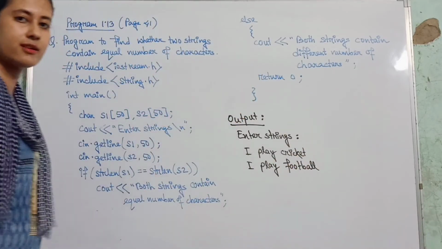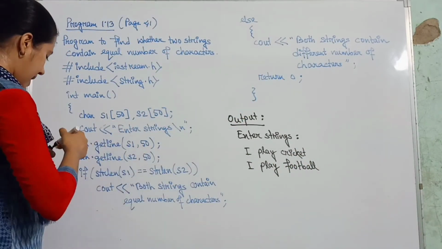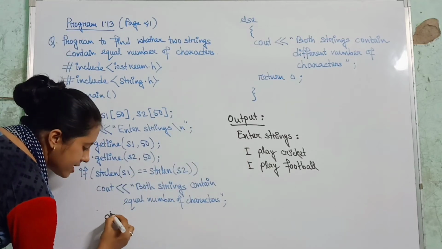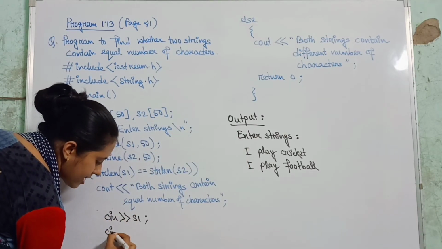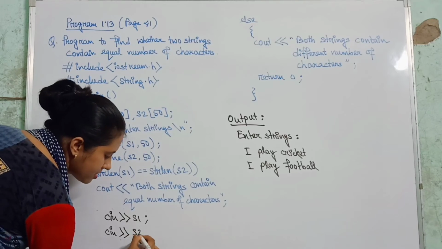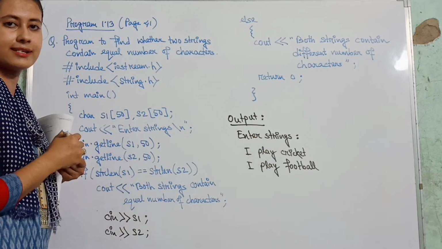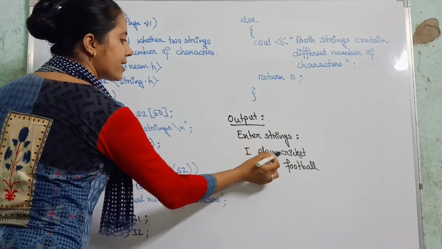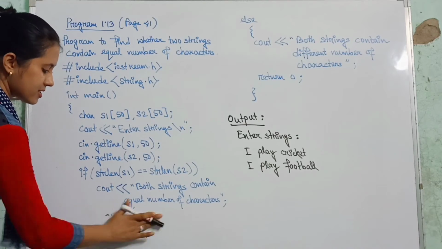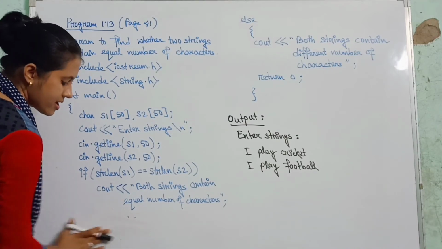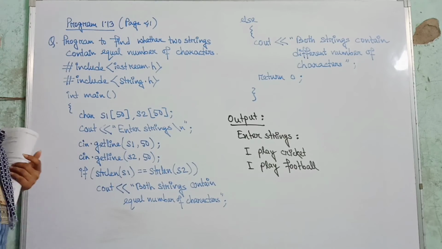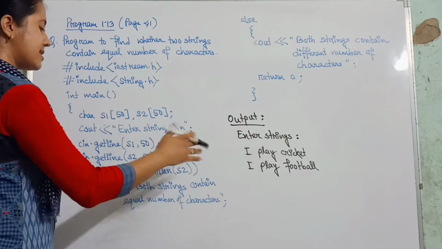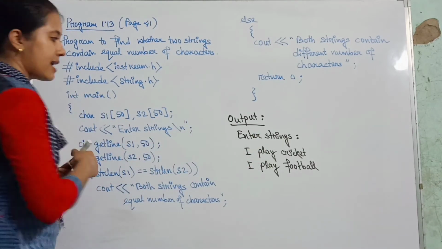If I use cin s1 and cin s2, it cannot take this text because there are blank spaces. So here we have to use getline.